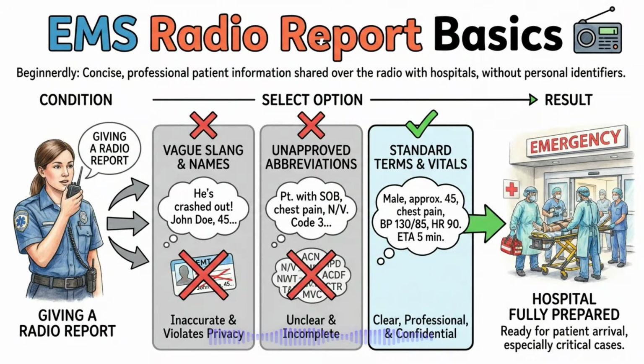You should use standard medical terminology and avoid slang or unapproved abbreviations to ensure clear understanding across different agencies. Knowing how to communicate effectively ensures the hospital is fully prepared for your arrival, especially for critical trauma or stroke patients.